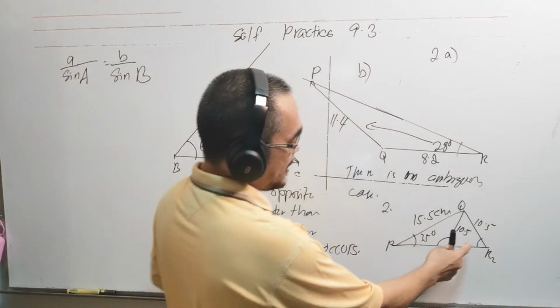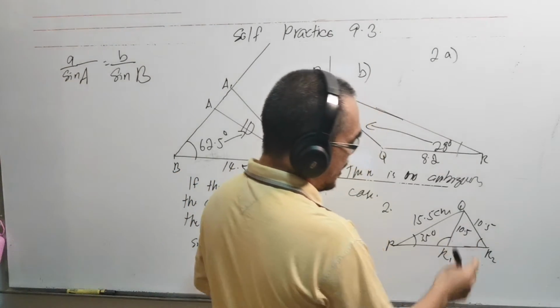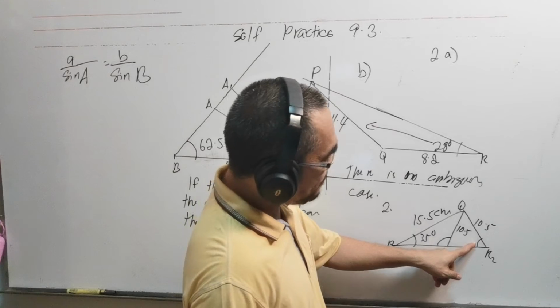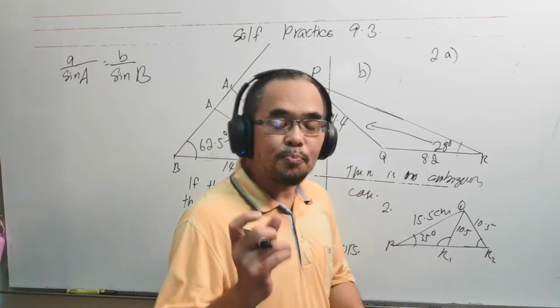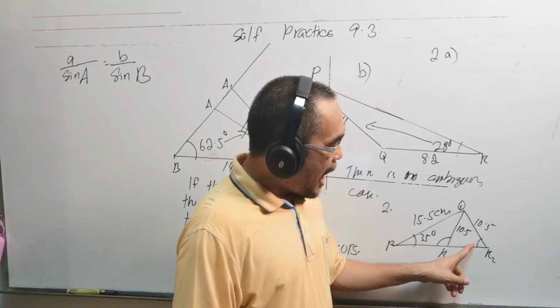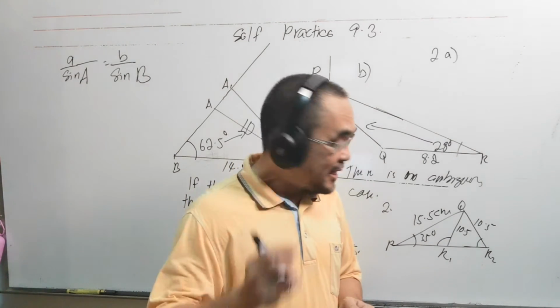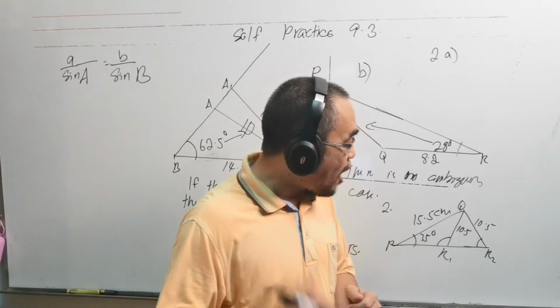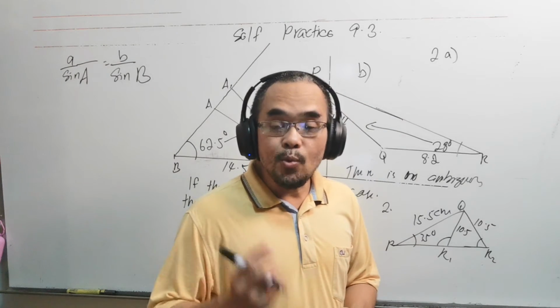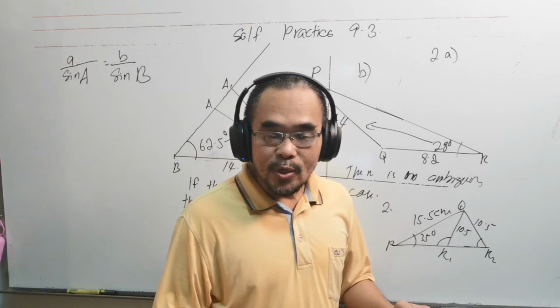We say sine. Okay, and then you have to understand, if you use measurement, you use protractor, R2 and R1, they are not the same, but the total for R2 and R1 will be 180. How do we know that?